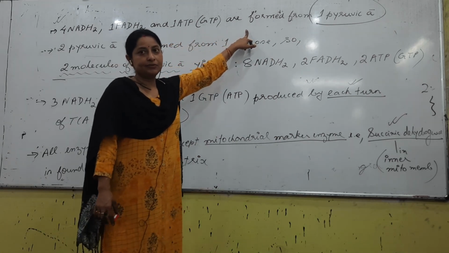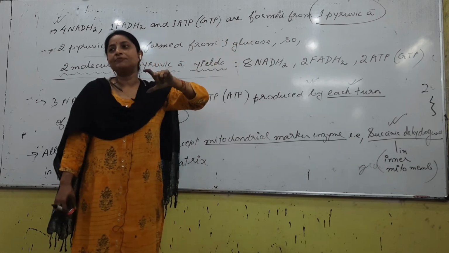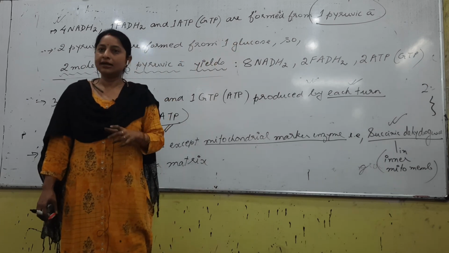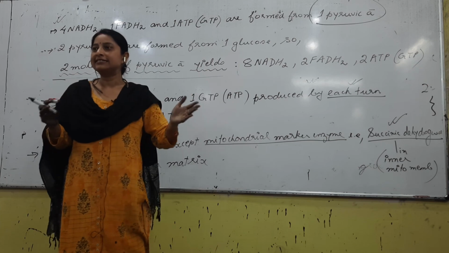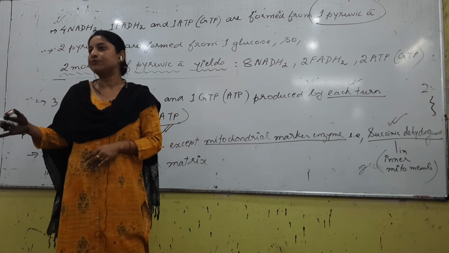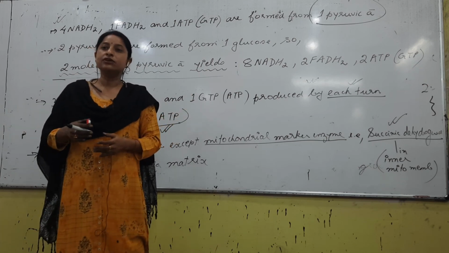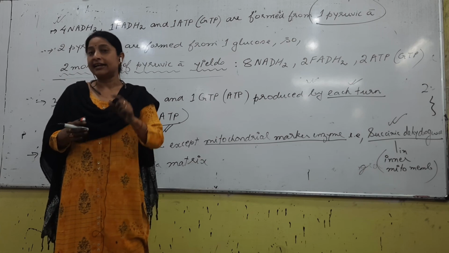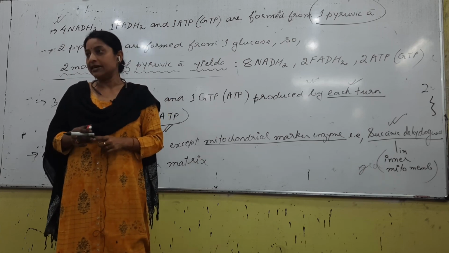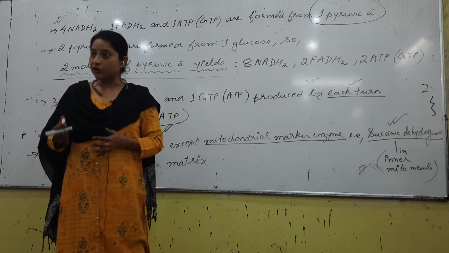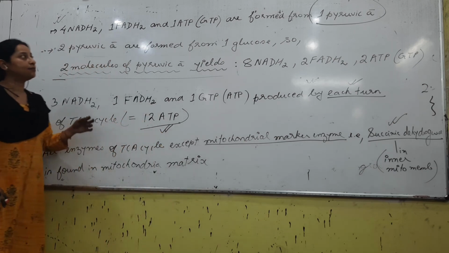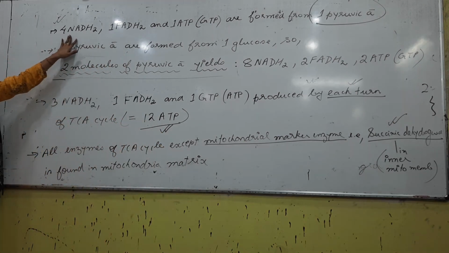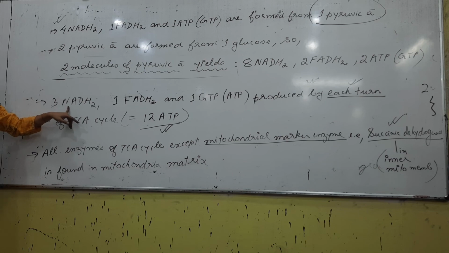The Krebs cycle is linked, isn't it? You cannot separate pyruvic acid as a separate process and the Krebs cycle as a separate process because there is a link reaction. So, if the question is asked with pyruvic acid as the starting point, whether 1 pyruvic acid or 2 pyruvic acid, then we have to add the NADH2 of the link reaction, 1 NADH2, and the 3 NADH2 of the cycle, that will make you 4 NADH2.